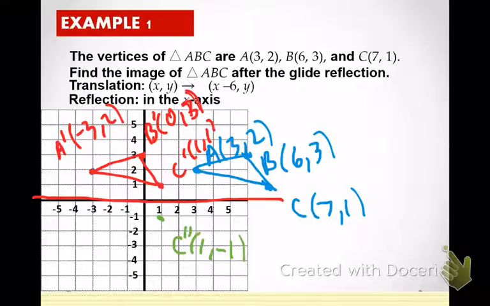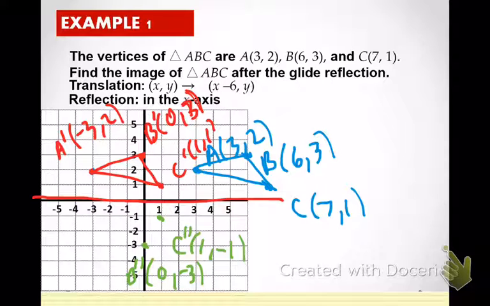Okay? What would B double prime be, Levi? I'm not sure. Okay? Erica, what would B double prime be? Yeah, 0, negative 3. Good. So B double prime is 0, negative 3. And then we've got A double prime.